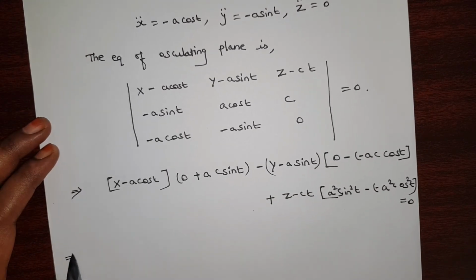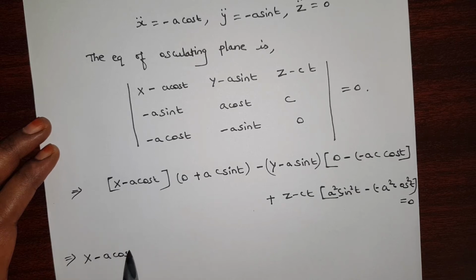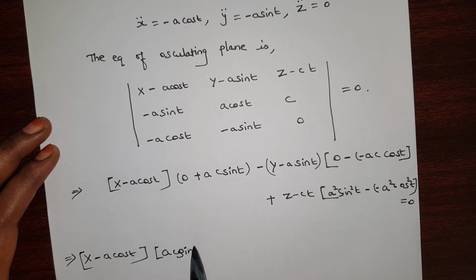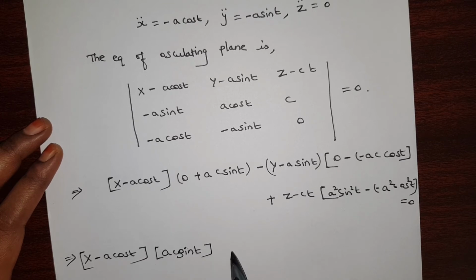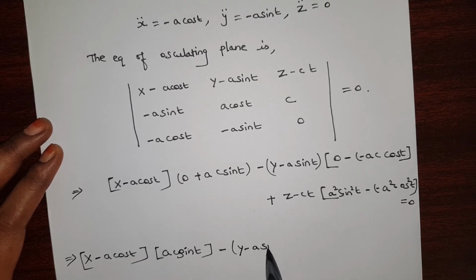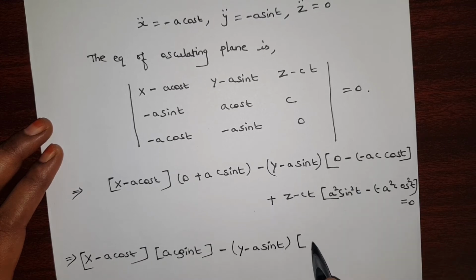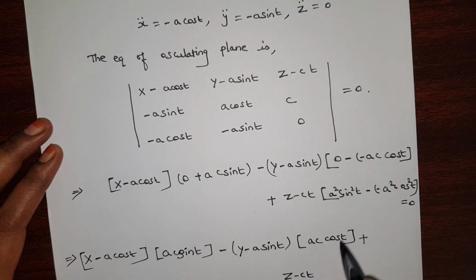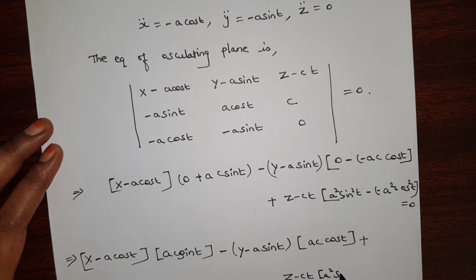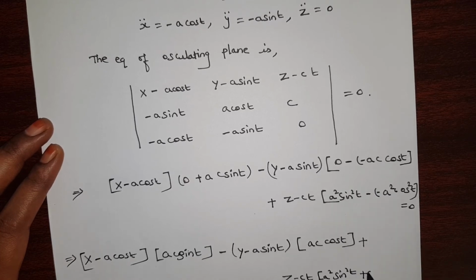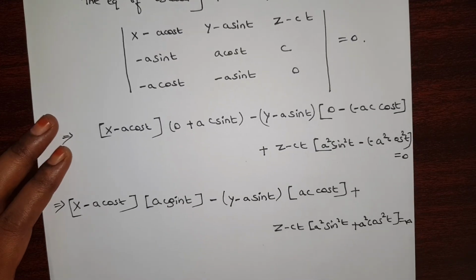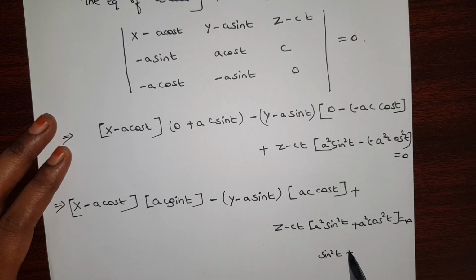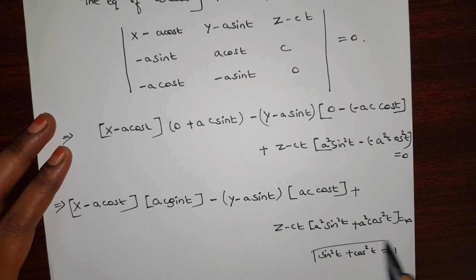Simplifying this, sin square t plus cos square t value is 1.